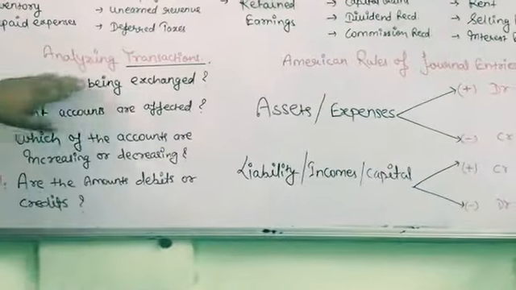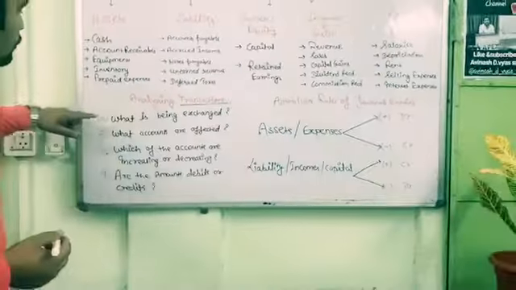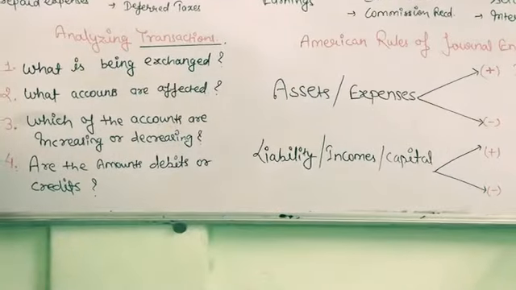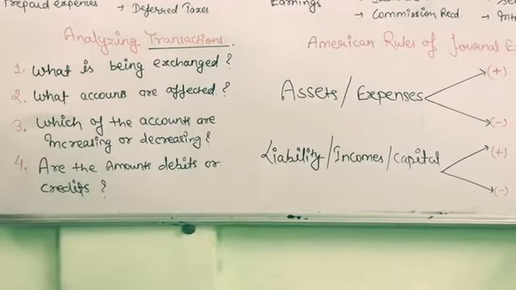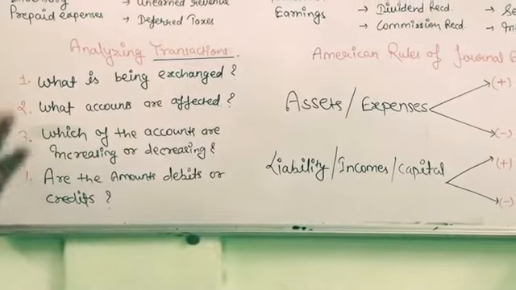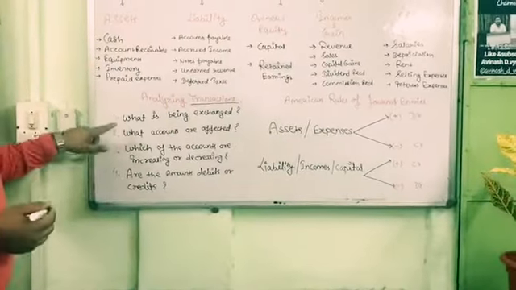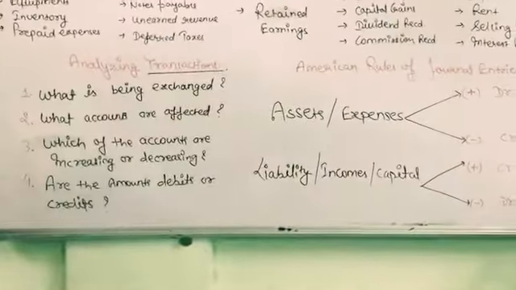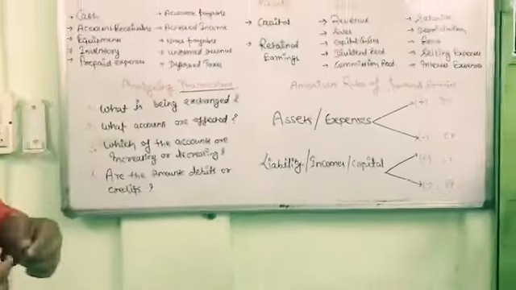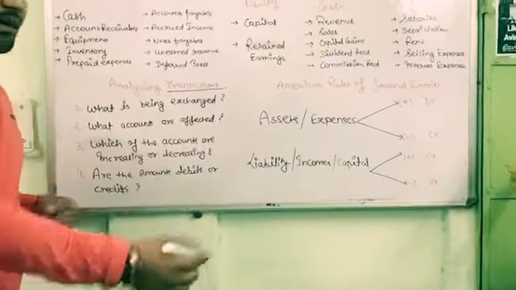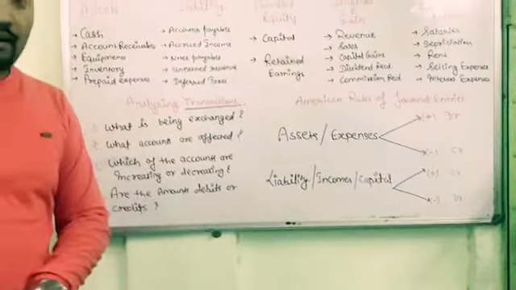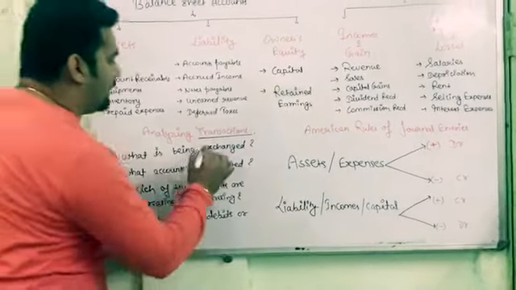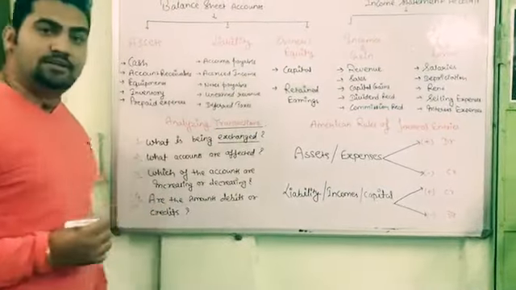तो whenever you analyze the transaction, you should analyze these 4 questions. बड़ा ध्यान से देखना, इन चारों क्वेश्चन को आपको एनालाइज करना है. What is being exchanged? किसी भी ट्रांजेक्शन में what has been given and what has been taken. That means what has been exchanged.